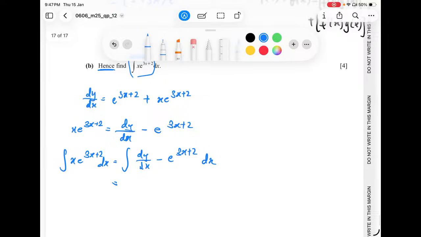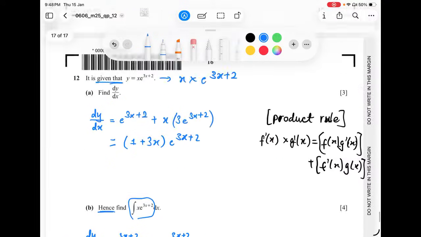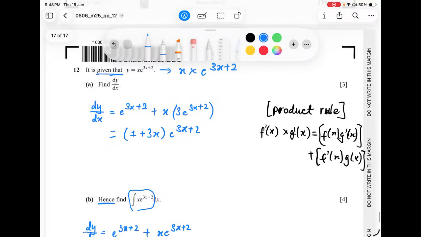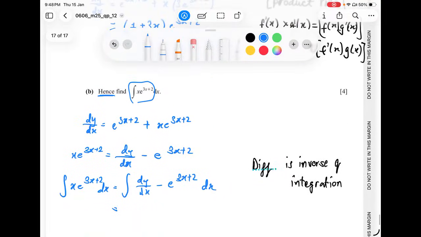Now when you integrate dy over dx, we know that differentiation is the inverse of integration. So both are inverses. So when you integrate a differentiated form, you get the same as your first equation, the original equation.